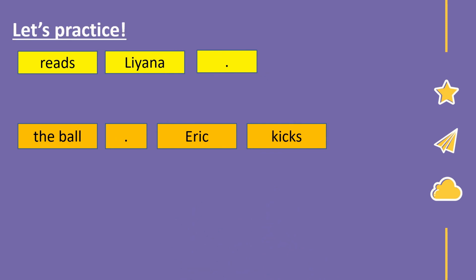So let's do some practice. The first one, let's rearrange these words to form the correct sentences. Okay, so we have reads, Liana, and then a full stop. So how should they be?